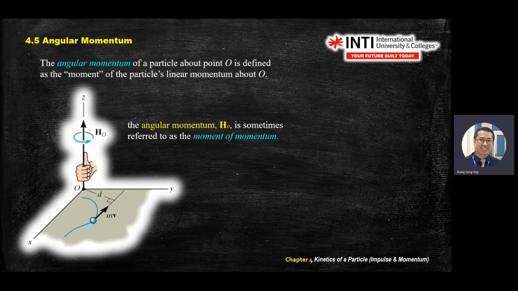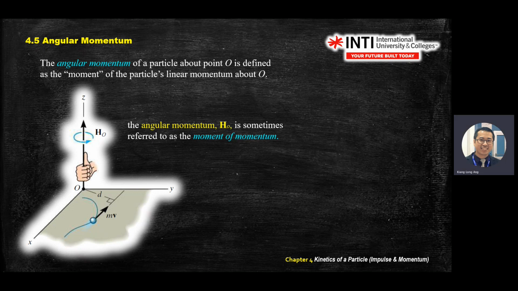You take your four fingers, the direction of d curling into the direction of momentum. Then your thumb is pointing up. The direction of angular momentum is anti-clockwise, going up.